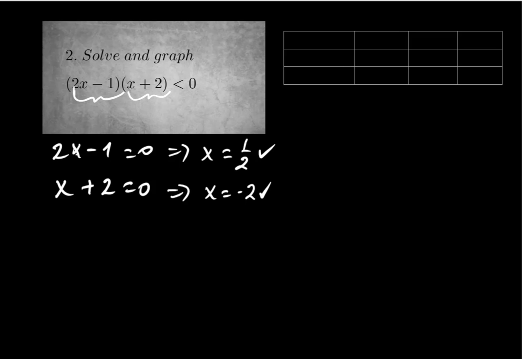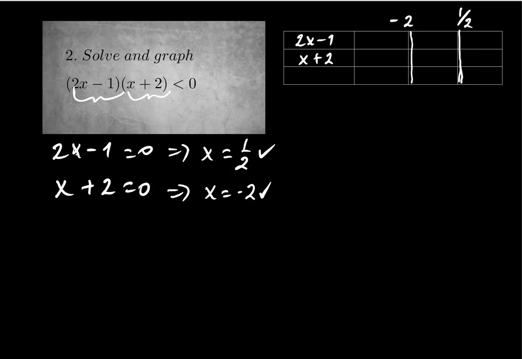So if I take this table here, I note 2x minus 1, I note x plus 2, and if I take -2 here and 1/2 here, we know that these values cannot be there because otherwise it will be equal to 0, so it has to be less than 0 anyway.